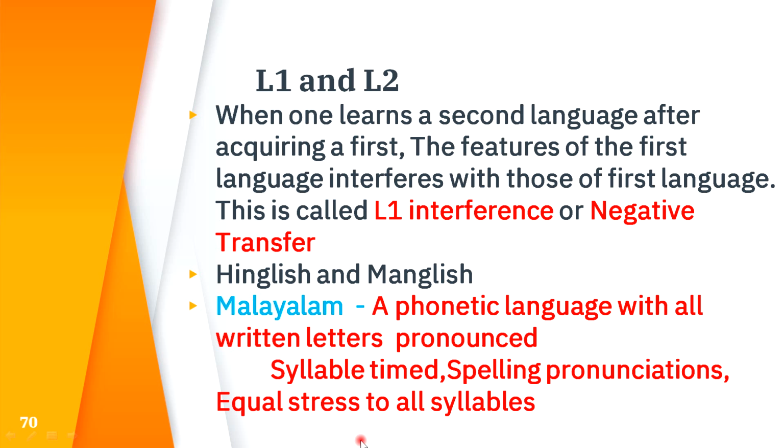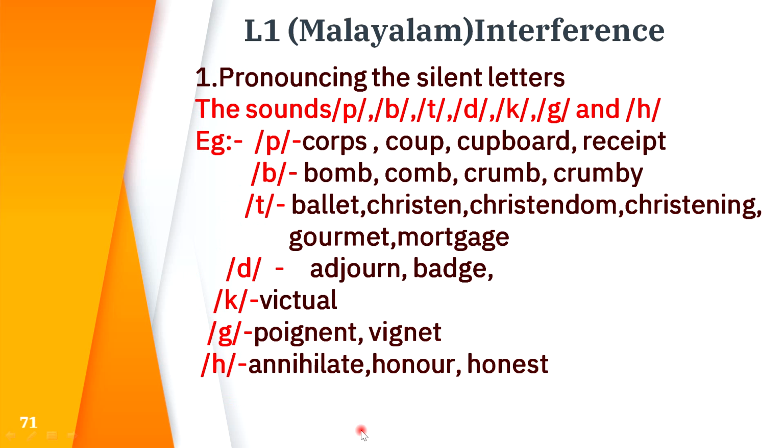The key areas of L1 transfer of Malayali English learners in pronunciation can be summed up as follows. Number 1. Pronouncing silent letters. Due to the spelling pronunciation in Malayalam, it is usual for Malayali speakers to pronounce all the letters or sounds in a word, and as part of that, they'll be pronouncing even the silent letters.